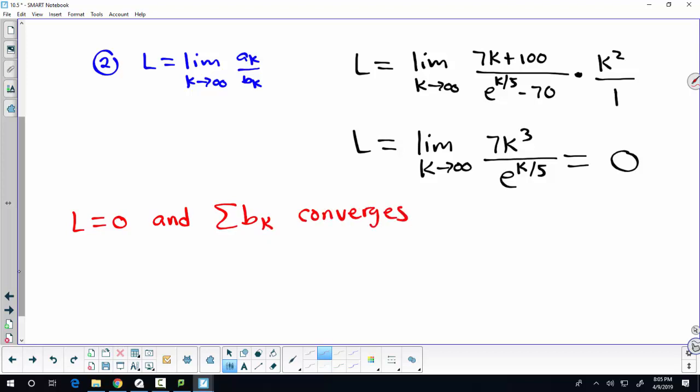But what's it converge to? We don't know. The geometric, we know what it converges to. Telescoping, we know what it converges to. The integral test doesn't always converge to the actual value of the integral. The integral test just tells us if it converges or diverges.